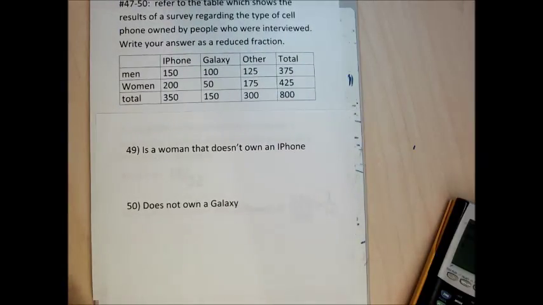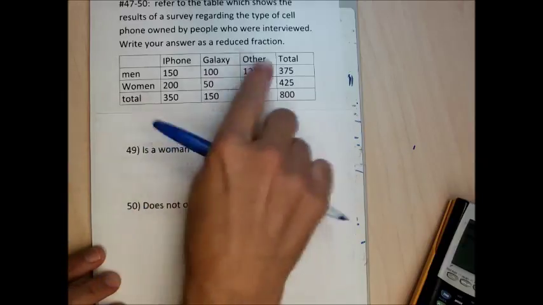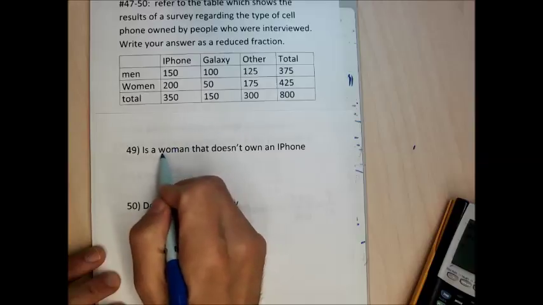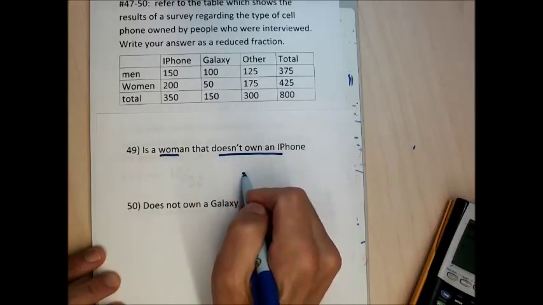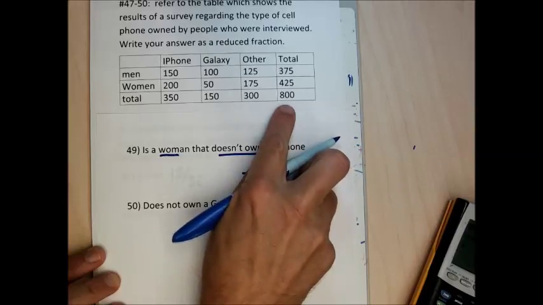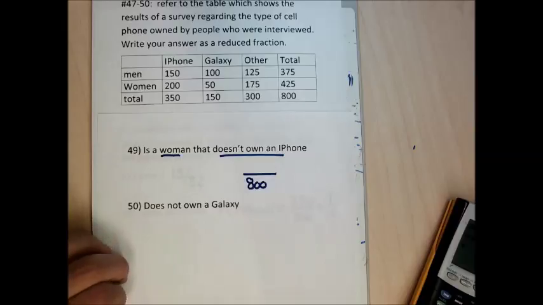49 and 50 are a little bit trickier. For 49, you want to find the probability, if you select one person from this group, that it's a woman that doesn't own an iPhone. I know when I go to form my fraction, I'm going to put 800 in the denominator because there were 800 people surveyed. In the numerator, I need to put all the women that don't own iPhones.